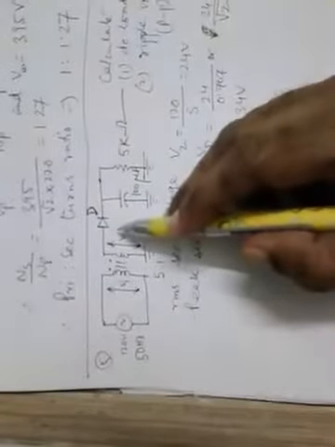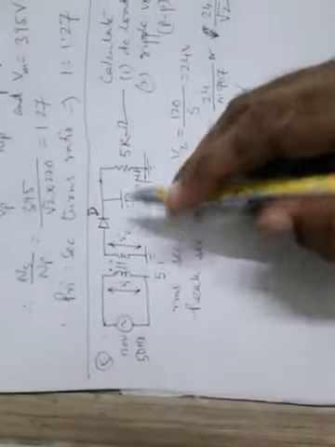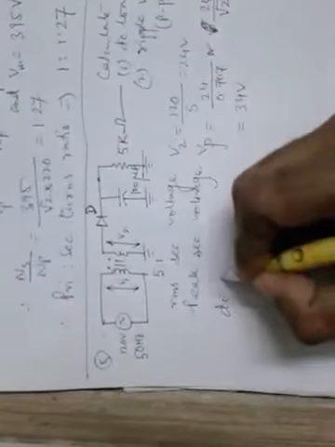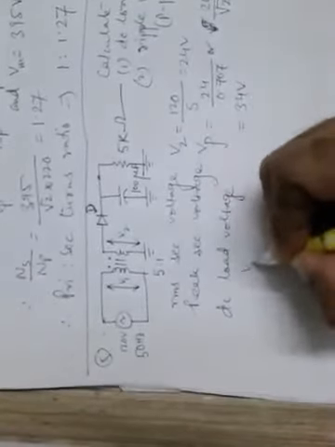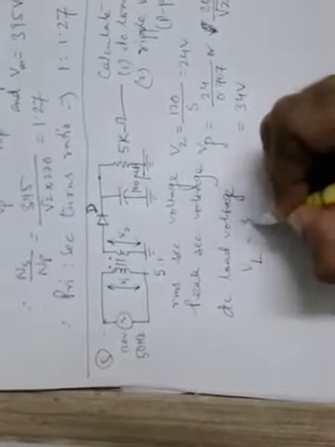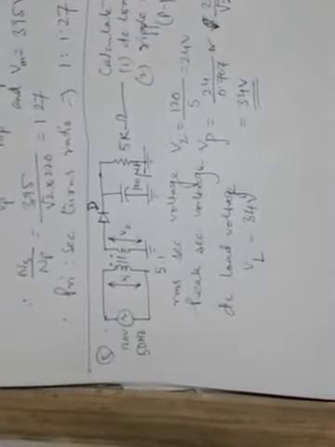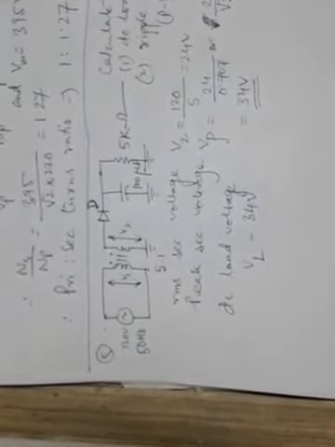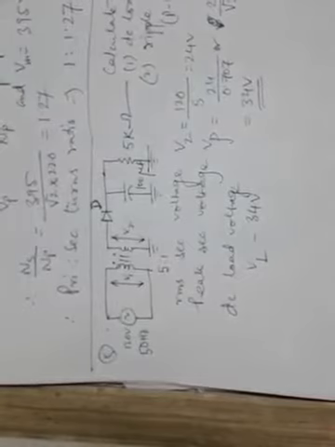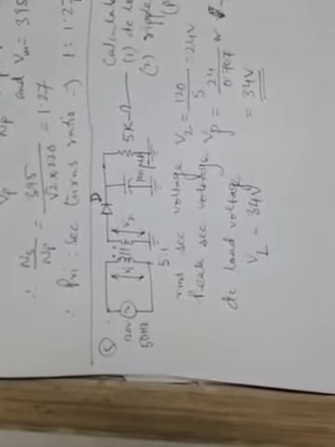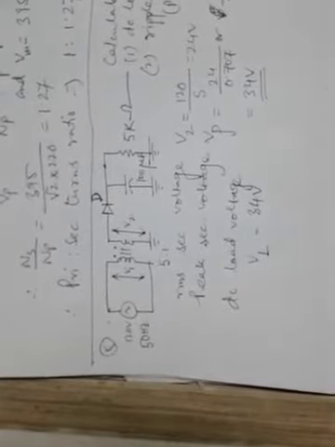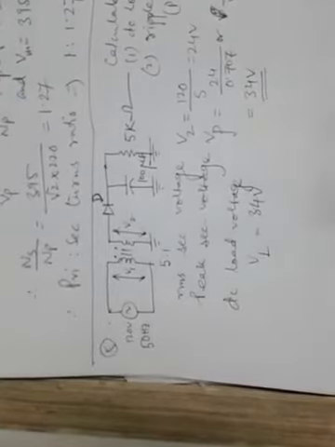Now if we consider this diode as ideal and the ripple is small, the DC load voltage VL is 34 volt. This is the DC load voltage, if the diode is ideal, that means no further drop inside the diode in terms of its barrier potential. Now to calculate the ripple, we first need to get the DC load current.